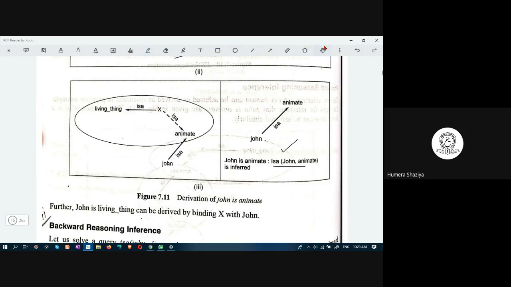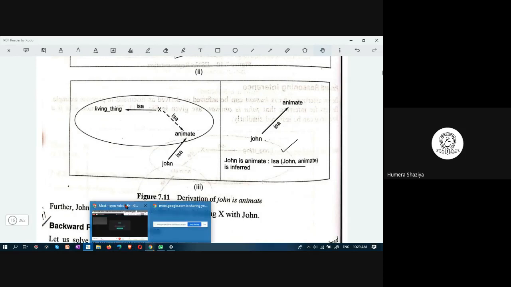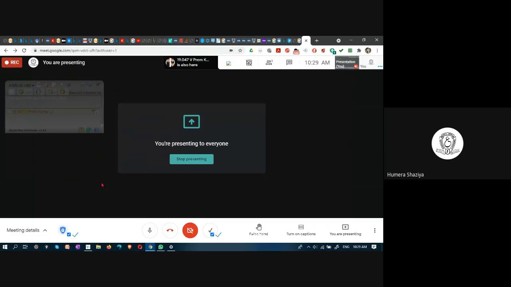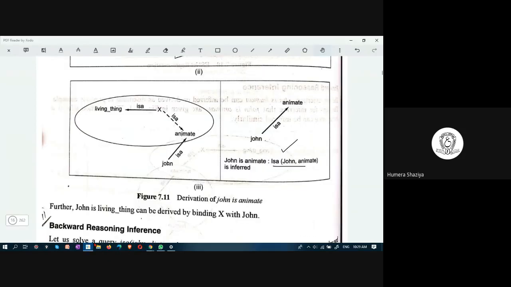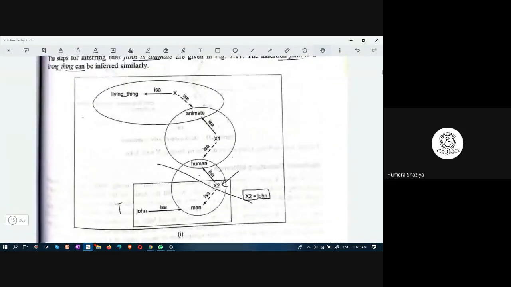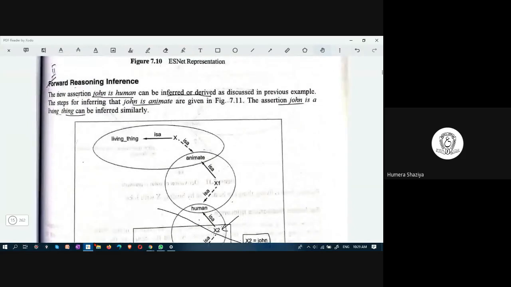Actually, there are many things that could be inferred from this ESNet. What are those things that could be inferred? John is a man is already given.